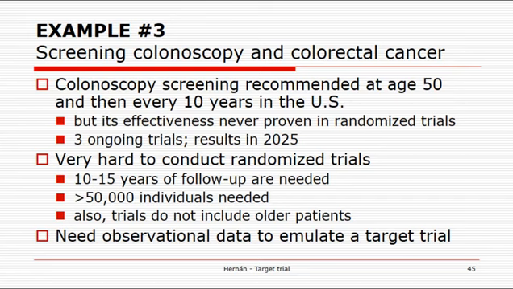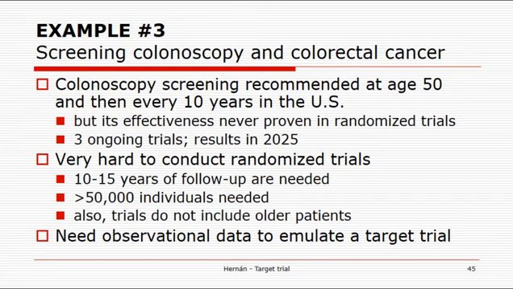Actually, right now, as we speak, there are 3 ongoing trials looking at that, 2 in Europe, 1 in the US. But we made the decision to start this type of screening without data from trials. And even when these trials are finished in 10 years or so, the problem is that they are only for younger people, between age 50 and 60-something.